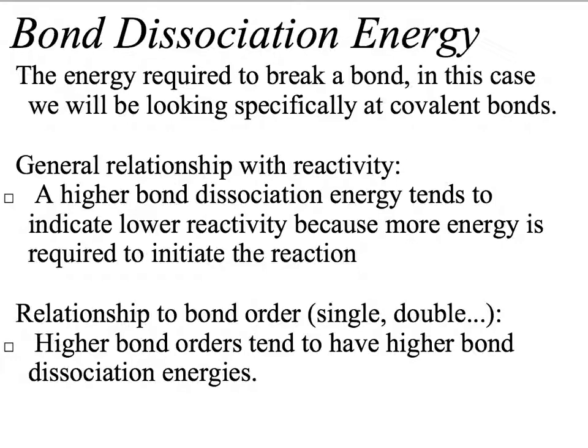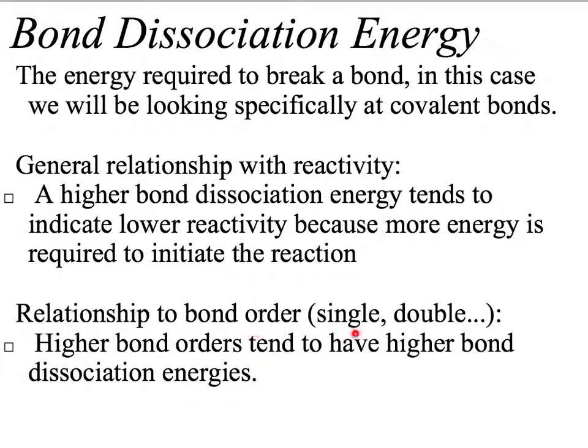And we said in a very general sense, all a chemical reaction is, is we're breaking up some bonds, maybe mixing them up and reforming some bonds. So if we need to break up bonds to start a chemical reaction, a bond that has a high dissociation energy means that it will take a lot of energy to break that up to start the reaction.